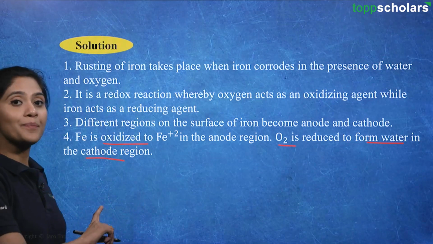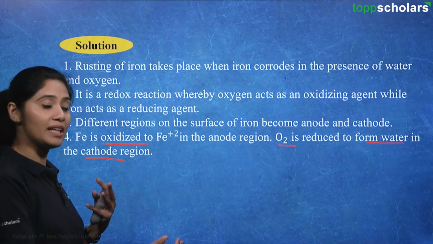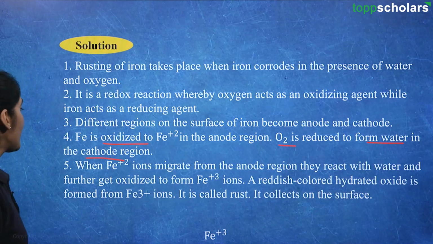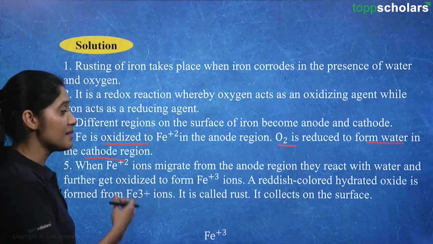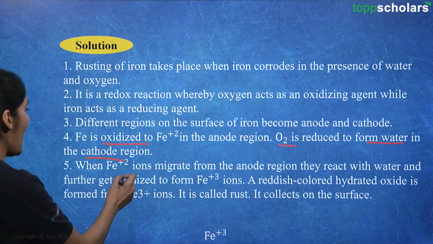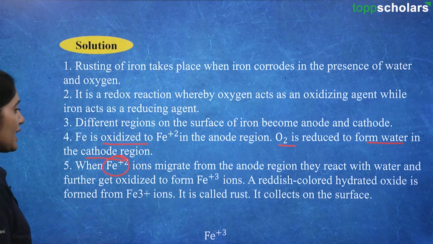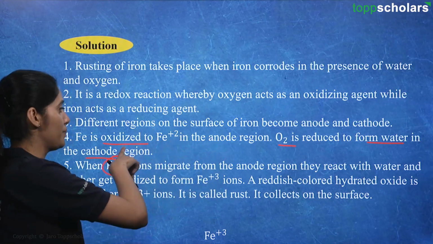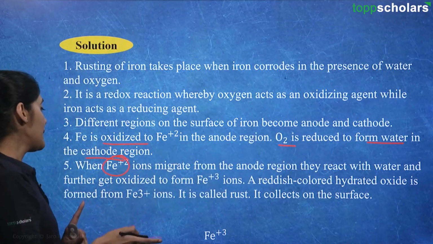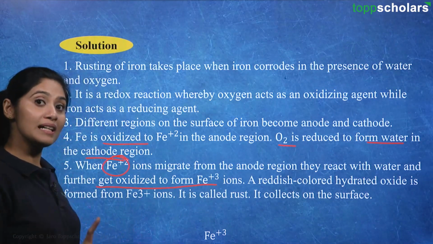When there is this anode and cathode region where oxidation and reduction are taking place, we can expect a movement of charges, right? So, what happens then? Fe2+ ions, formed because of the oxidation of Fe, migrate from the anode region towards the water formed at the cathode. Then they further get oxidized to form Fe3+ ions, right?